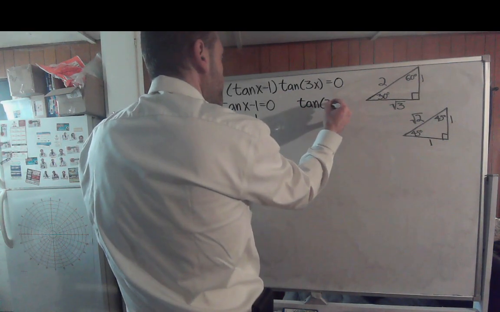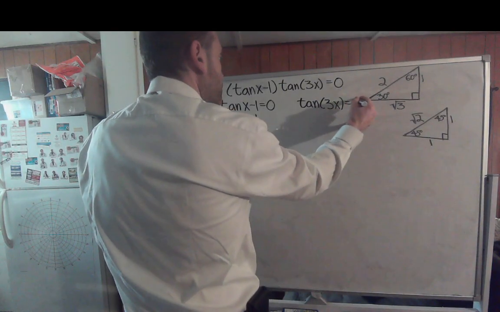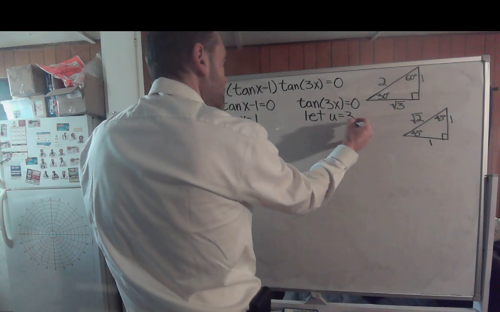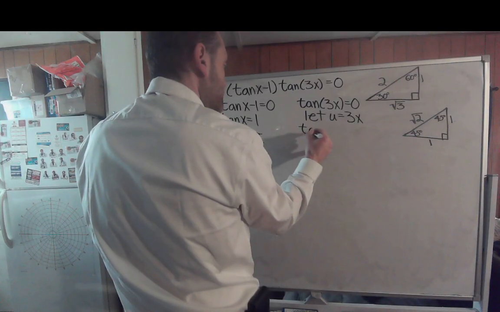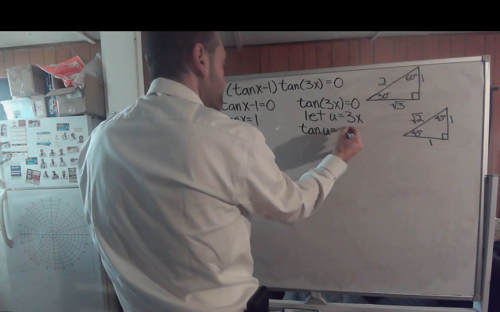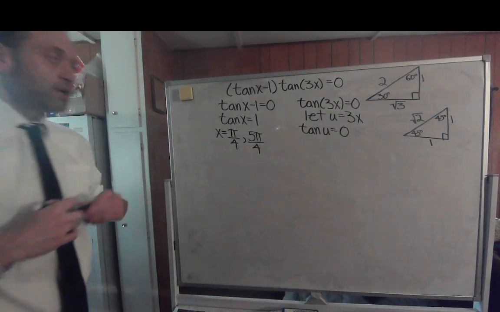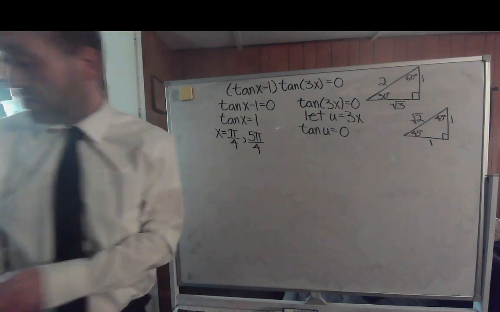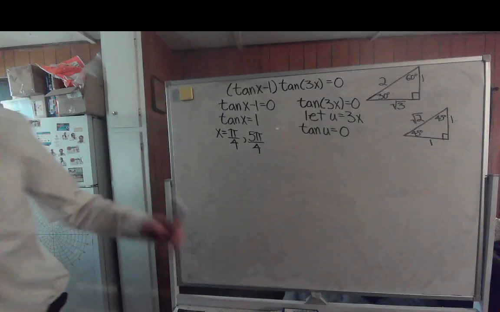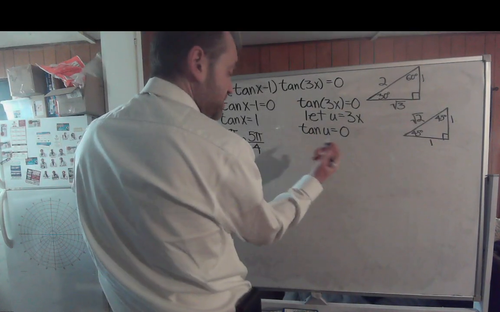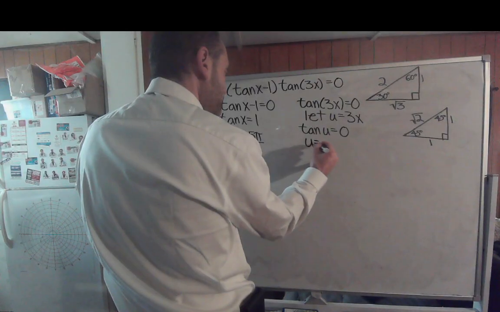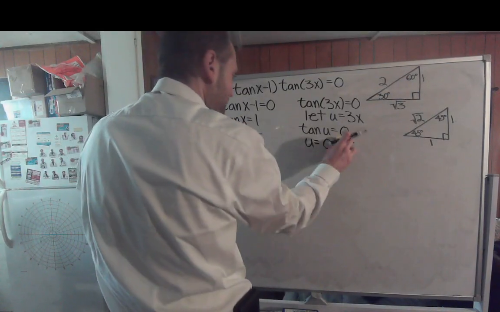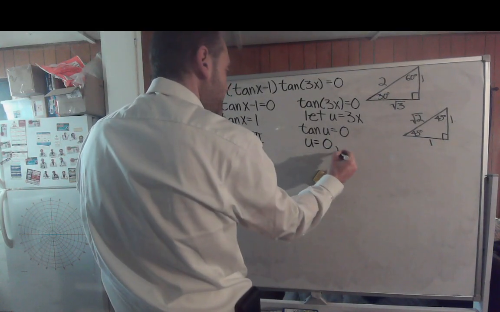So the tangent of 3x equals 0, we can let u equal 3x. So temporarily, this would be the tangent of u equal to 0. Okay, so where in the interval from 0 to 2 pi does the tangent equal 0? Well, that's going to be at 0 and pi itself. So u would equal 0 and pi.